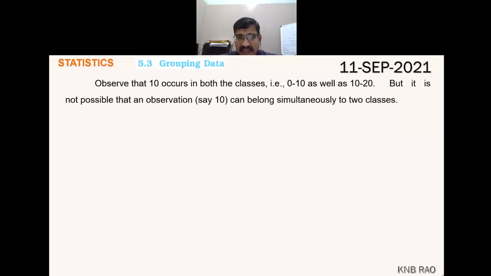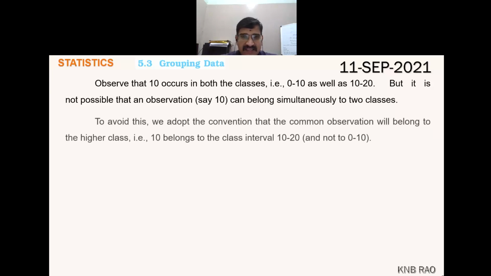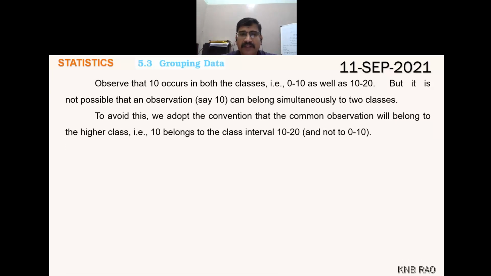So what do we do? To avoid this, we adopt the convention, one common understanding, that this 10 will belong to the higher class, that is, 10 belongs to 10 to 20 rather than 0 to 10.